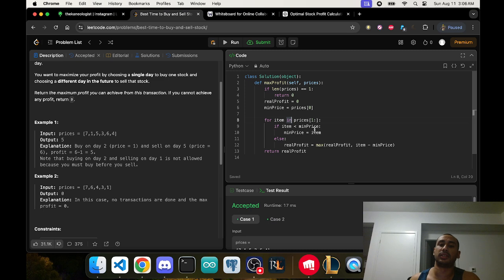So min price is now equal to that item. If not, then we check it against, is it the maximum amount of profit we can get? So real profit is item minus the min price. So item on this day minus the previous day. So if this day is bigger, then it takes the spot of real profit. And then you could submit it. So that is how you solve the question.